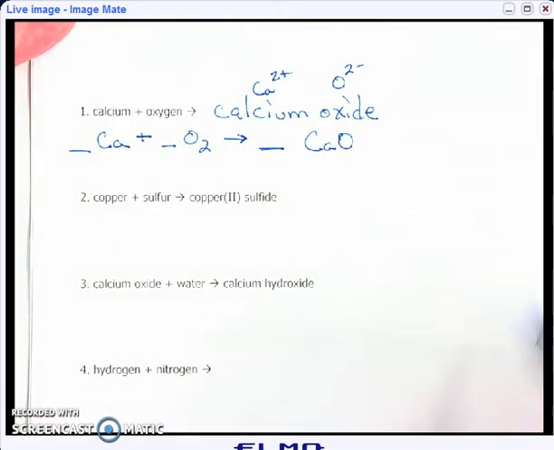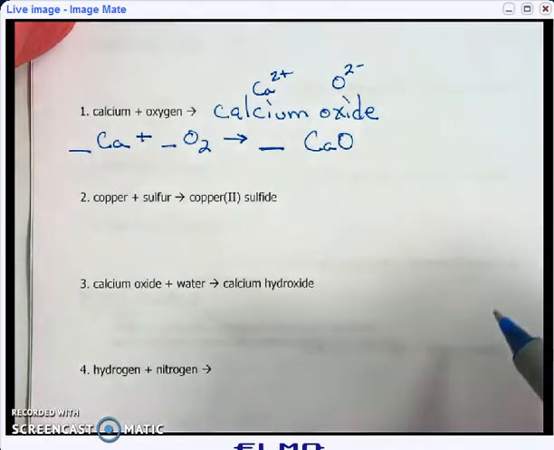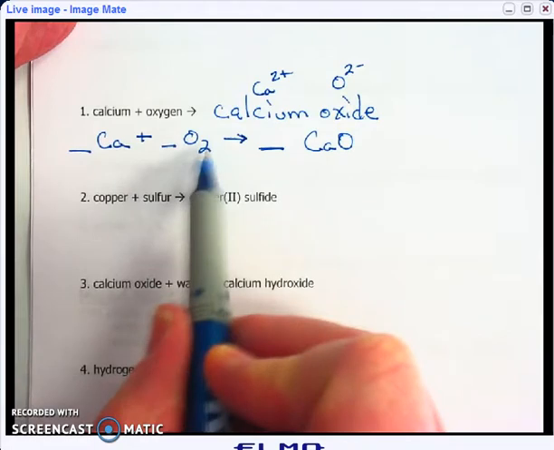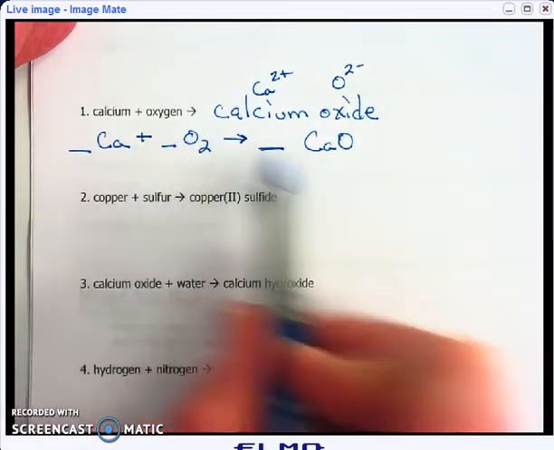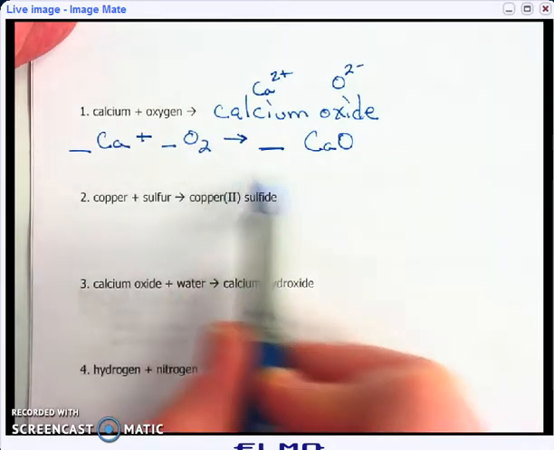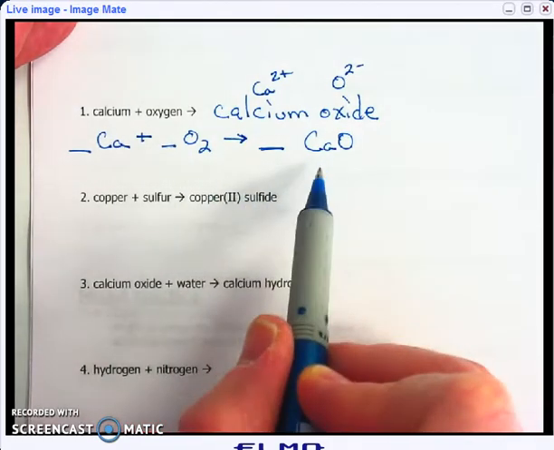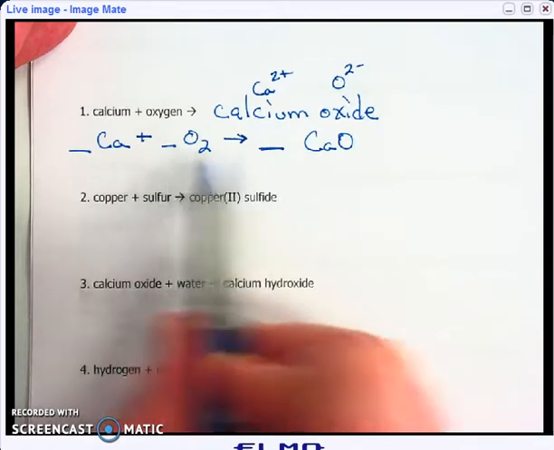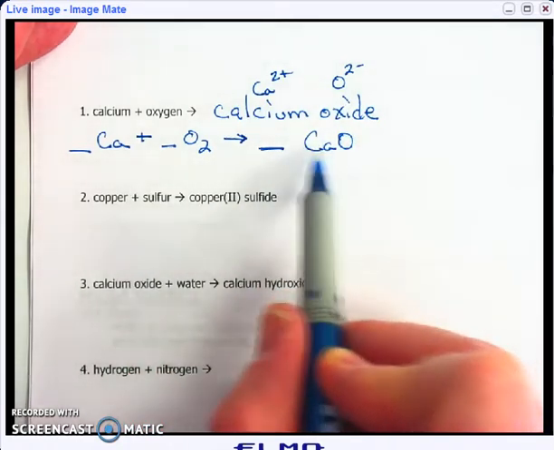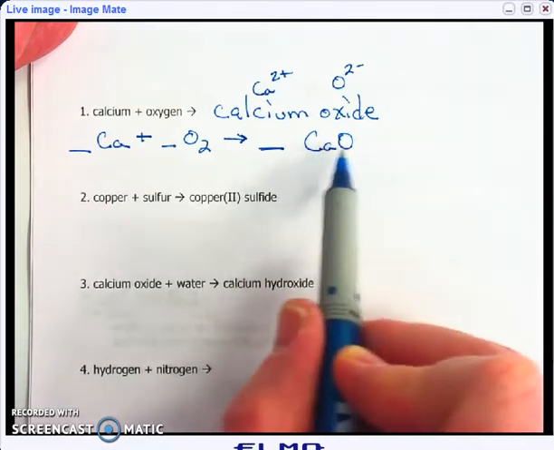I want to emphasize, because I see this happen all the time, and then we start getting confused. Just because I have a 2 over here on this oxygen does not mean the 2 gets carried over. We do not carry over the subscripts. The subscripts are there to help us combine charges, or to tell us the ratio in which they combine.